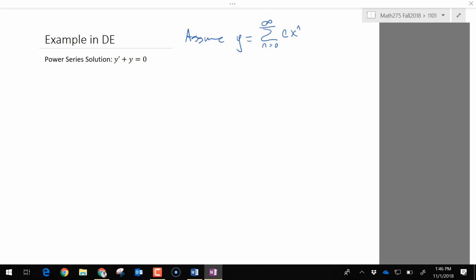And so that's a c. And then there's a whole bunch of them. Each of them might have a different constant. So there's a c sub 0, c sub 1, c sub 2, c sub 3, etc. So we want to figure out what c sub n is equal to for us to find the solution.